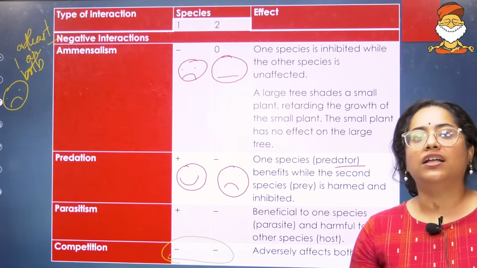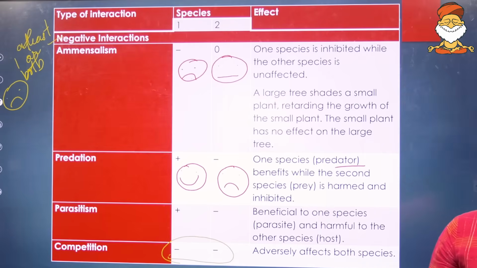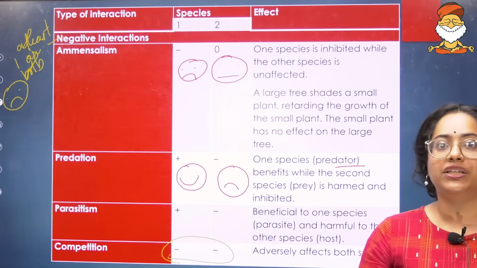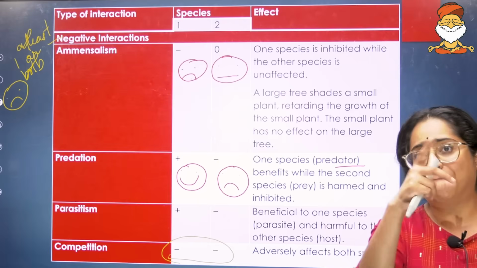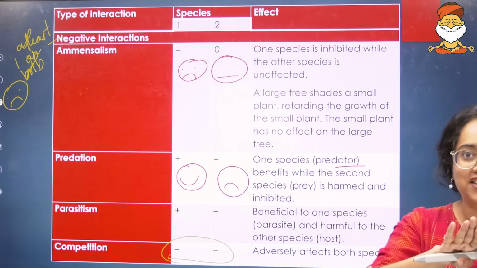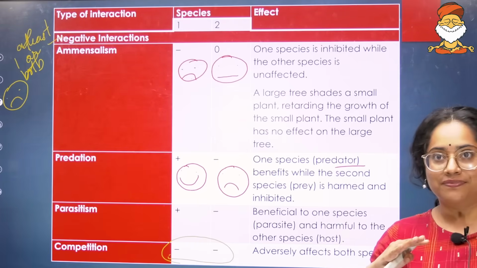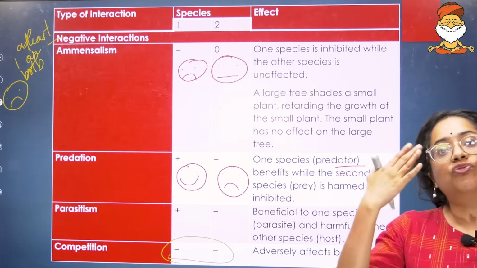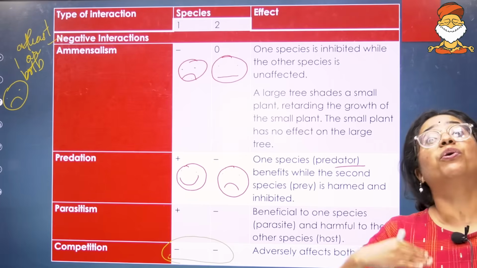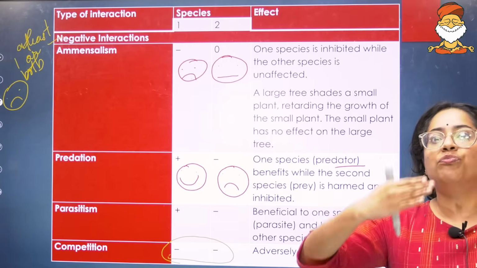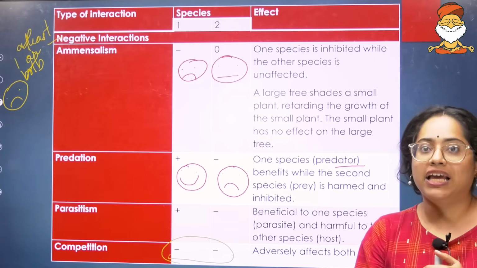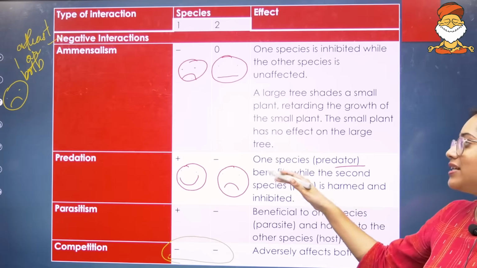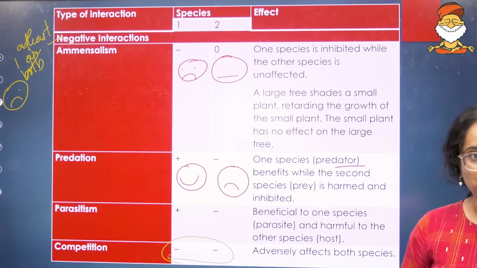Now understand, there is going to be a predator and a prey, which means that you have a species that will be going and preying on a creature. Obviously the prey is badly affected. The prey is getting killed. But the predator is getting food from it. The predator is positively affected. Because of its food, it's able to grow, it's getting energy. So one is negative, the other one is positive.